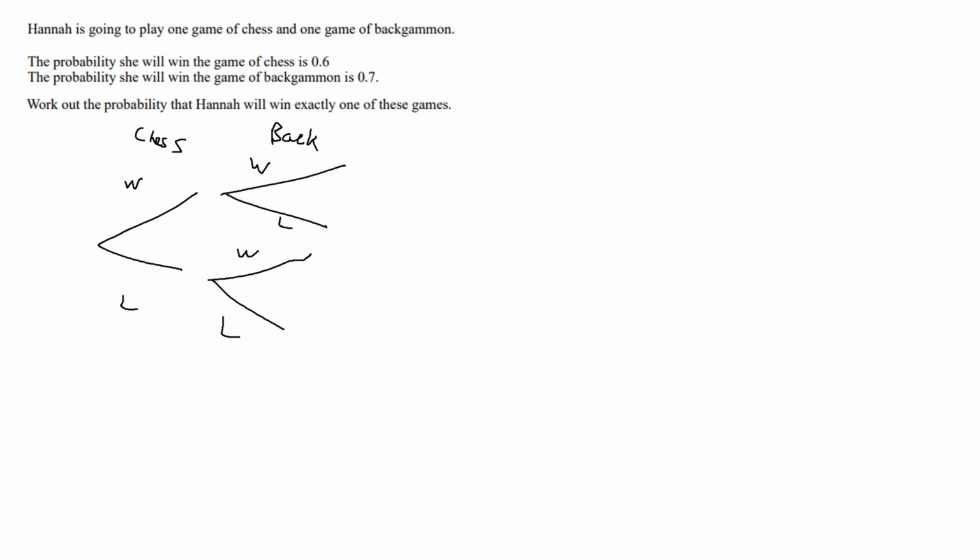We know that the probability that she'll win chess is 0.6, so let's put 0.6 there. What's the probability that she'll lose? The probability of chess loss is just going to be 1 minus 0.6, which is equal to 0.4. Okay?